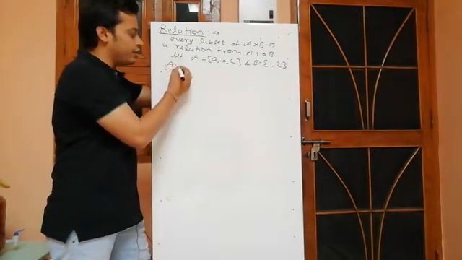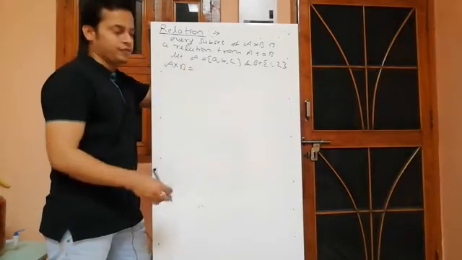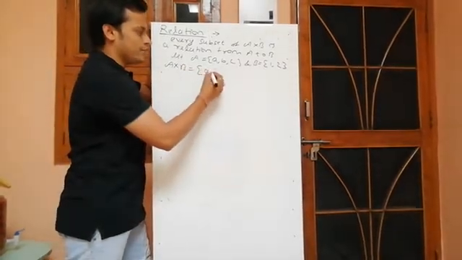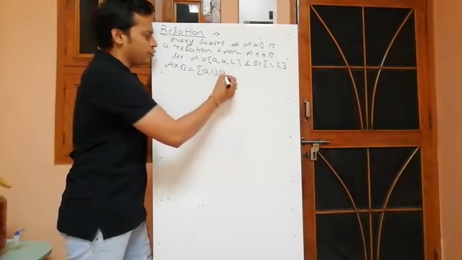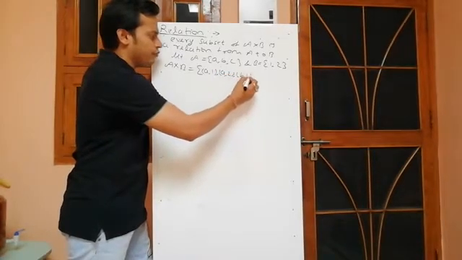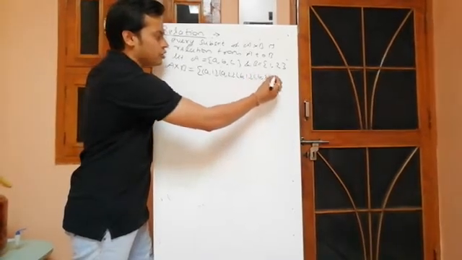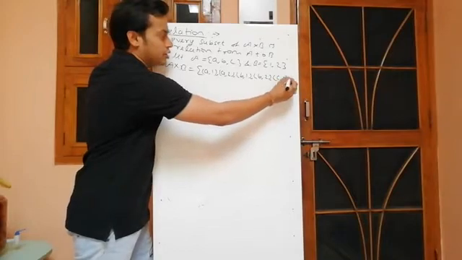Easily you can find A cross B: (a,1), (a,2), (b,1), (b,2), (c,1) and (c,2).